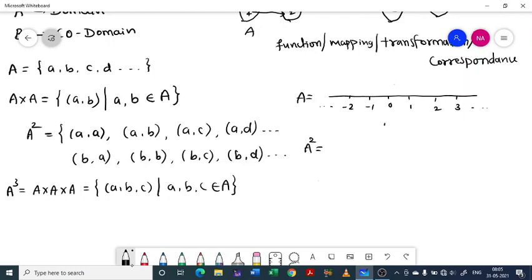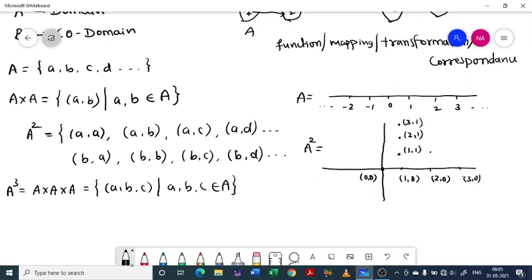That is the plane. How do the entries look like here? (0, 0), (1, 0), (2, 0), (3, 0) and so on. Somewhere here you get (1, 1), (2, 1), (3, 1).